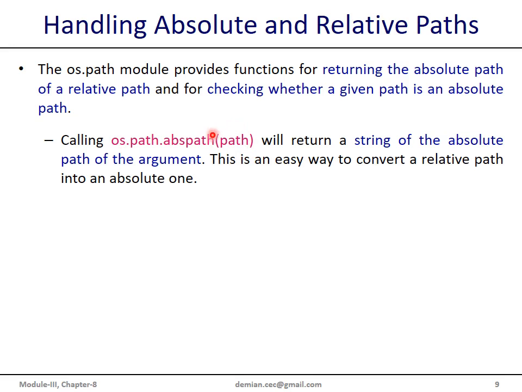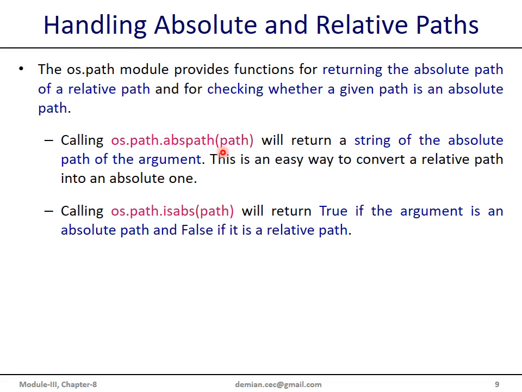This function gives a string which is an absolute path of the argument path, which may be a relative path. The second function is isabs of argument path, which will return true if the argument is an absolute path and false otherwise.